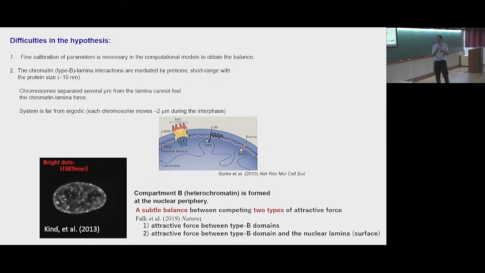So during interphase, individual chromosomes only move a few micrometers, much shorter than the 10 micrometer diameter of the nucleus, so a chromosome far from the lamina cannot reach the interaction region. So how the proper conformation like this is achieved with that kind of non-equilibrium process is a mystery. So I feel that a different hypothesis is necessary.